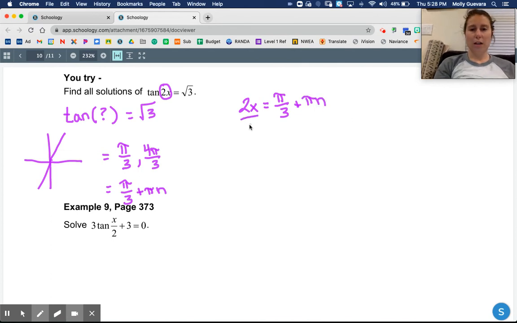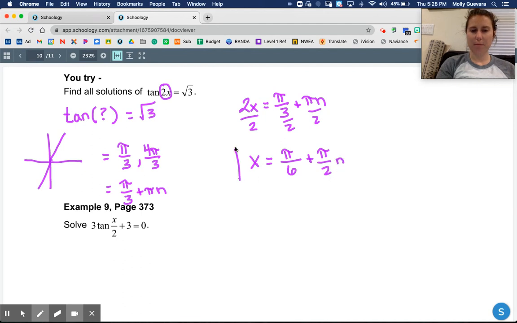Then I have to divide by 2, divide by 2, divide by 2. And I get x is equal to pi over 6 plus pi over 2 n, where n is in the set of all integers. That's really hard to draw on this keypad, apparently.